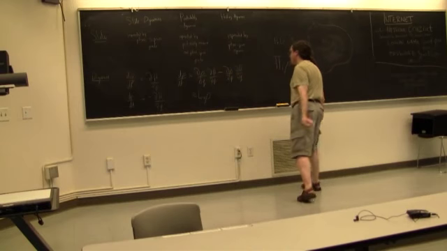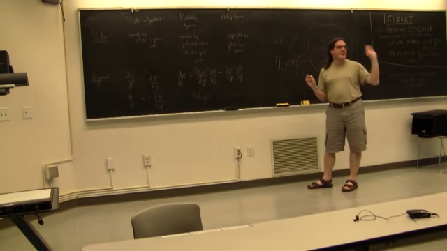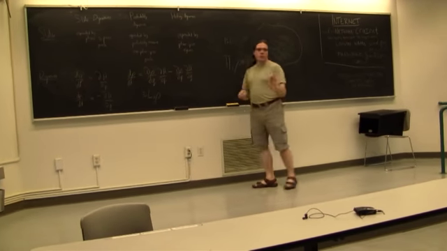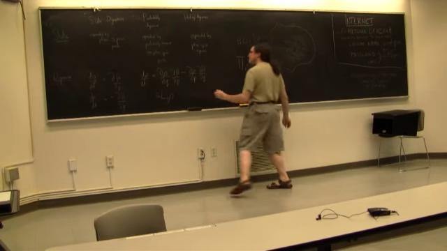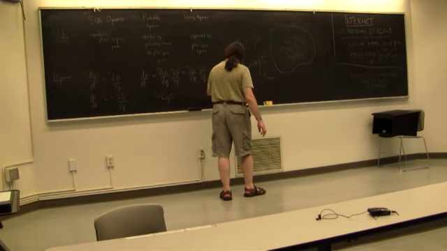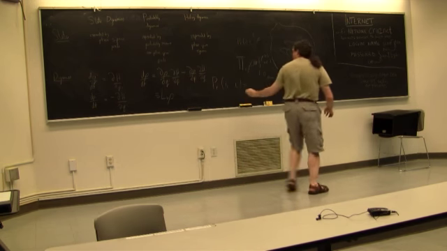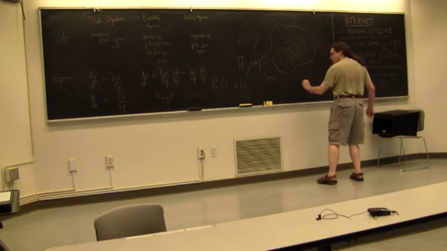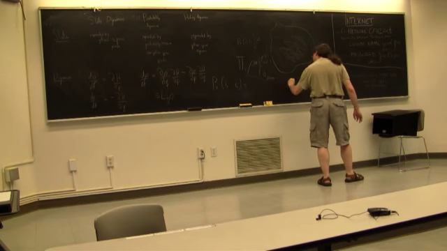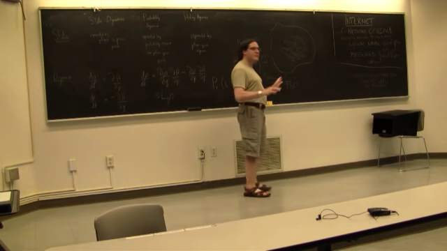So I've got some sequence, and let me label the macrostates I1, I2, I3, dot, dot, dot, In. I want to know the probability of that whole sequence. I start with my rho, I restrict, I evolve for some time delta t.